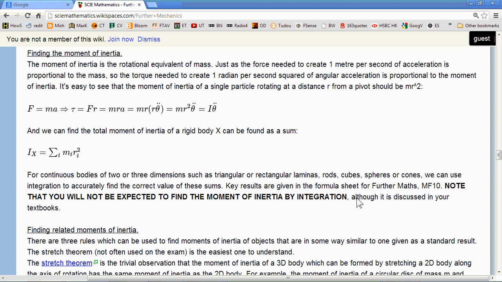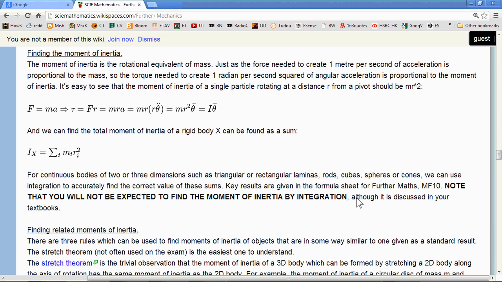By the way, if anybody is watching this and is studying, let's say, Edexcel or some other further maths syllabus, be careful, because as far as I'm aware, some of them do expect the candidate to find moments of inertia by integration. Off the top of my head, I think it's Mechanics Unit 5 in Edexcel, M5, or maybe M4.